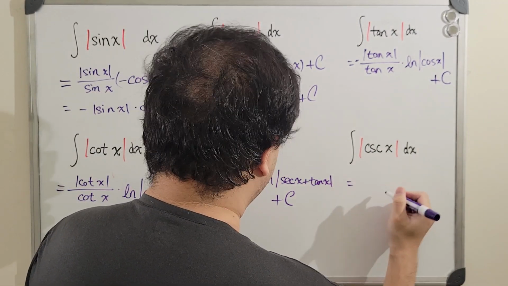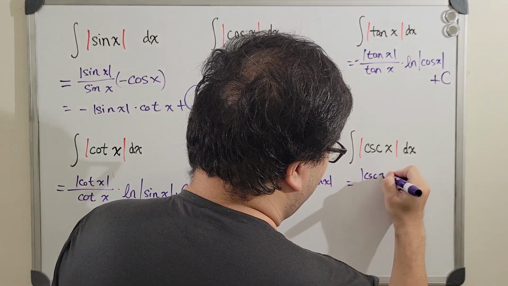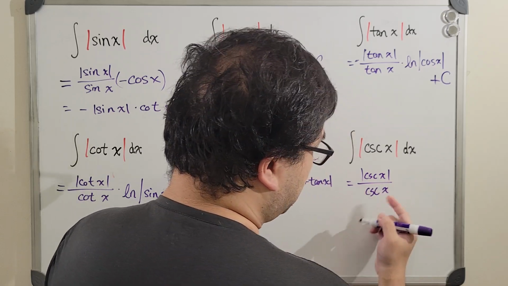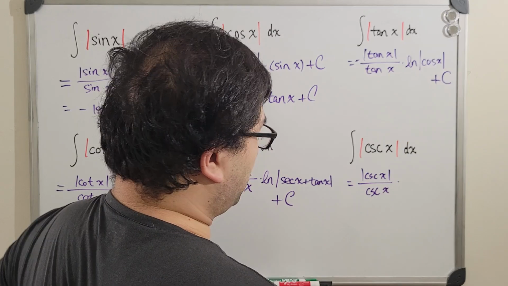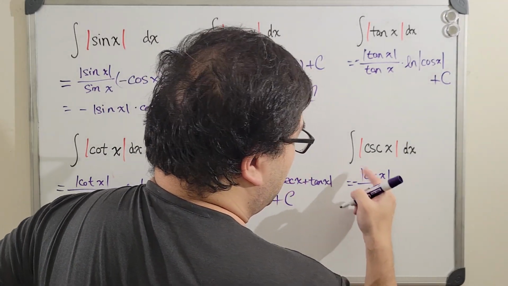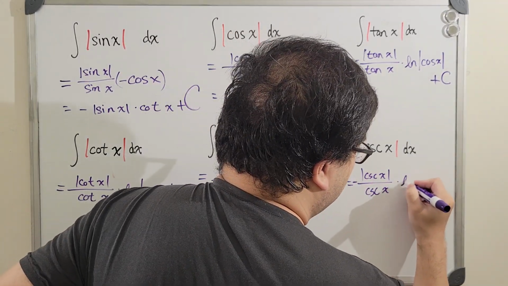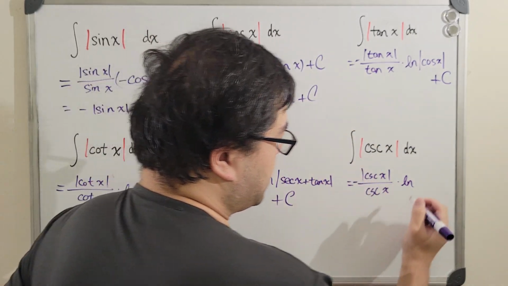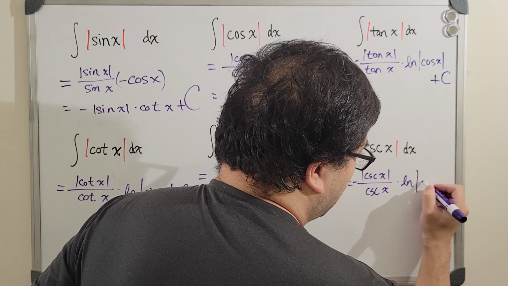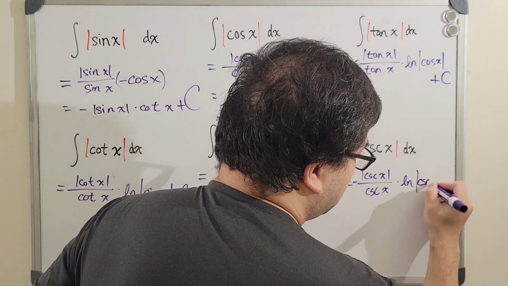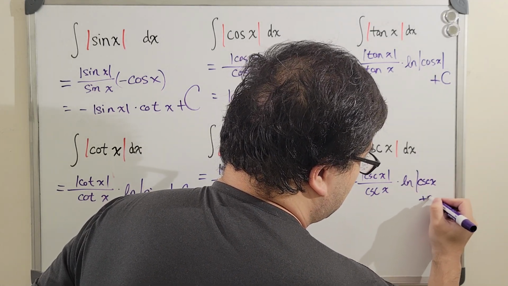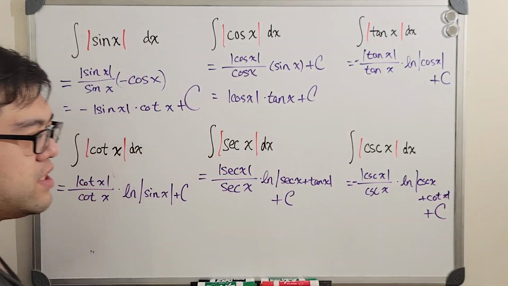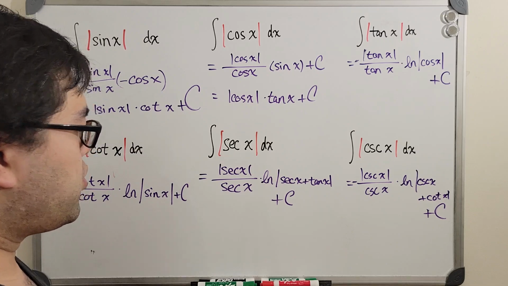Last but not least, we get cosecant over cosecant. And don't forget we need to put one of them into an absolute value sign. And then times. Now again, for cosecant we have a negative sign here. So we get ln of cosecant plus cotangent. And then last but not least, we have a plus c. There we go. Pretty cool, huh?